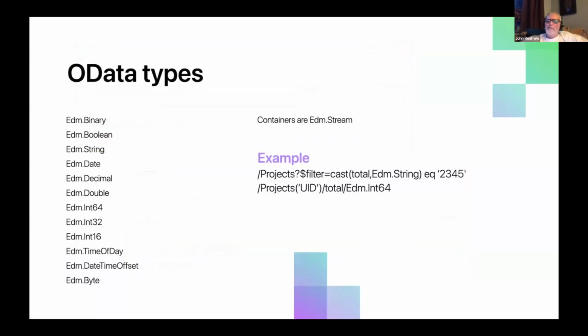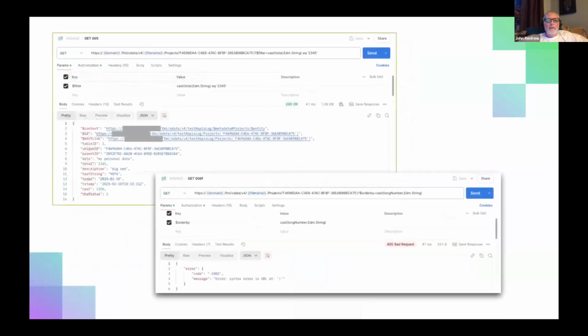So all of the types that are available for converting in OData are here. Some of them are not relevant to us, things like a Boolean, because there isn't a Boolean field type, but that's everything that OData could do. It also works in the back query, which says filter.